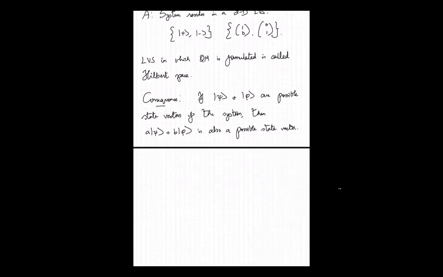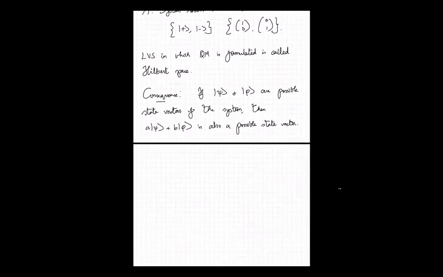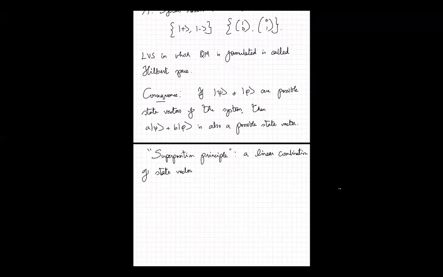This is a very, very important consequence that follows from the axioms of linear vector space. And this leads us to what is called the superposition principle. The superposition principle states that a linear combination of state vectors is also an admissible state.